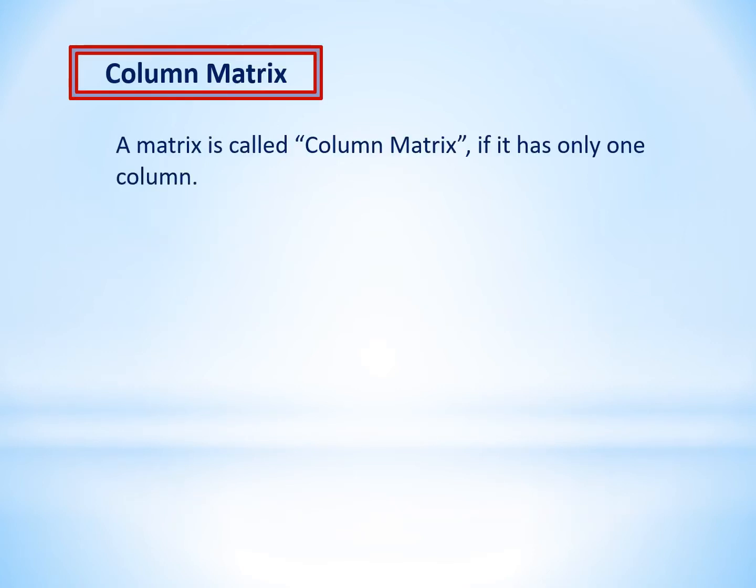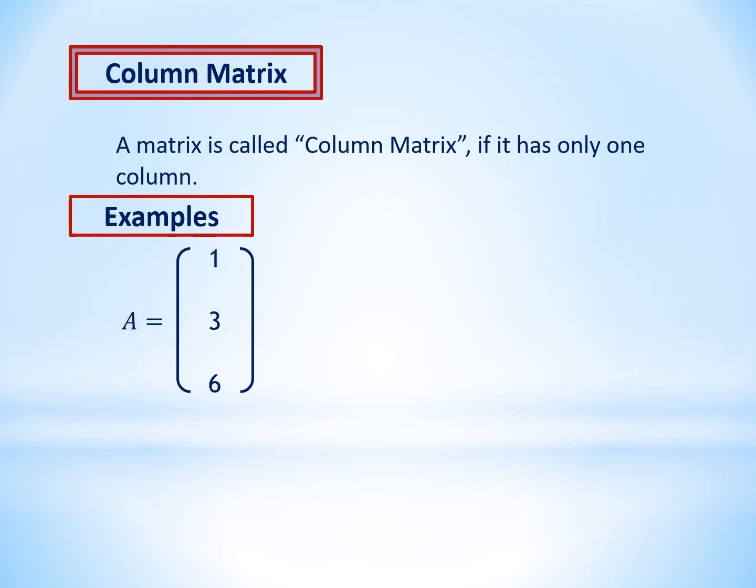Column matrix. A matrix is called column matrix if it has only one column, similar to row matrix. Column matrix has only one column and row matrix has only one row. For example, look at this matrix. It has only one column and its order is 3 by 1.